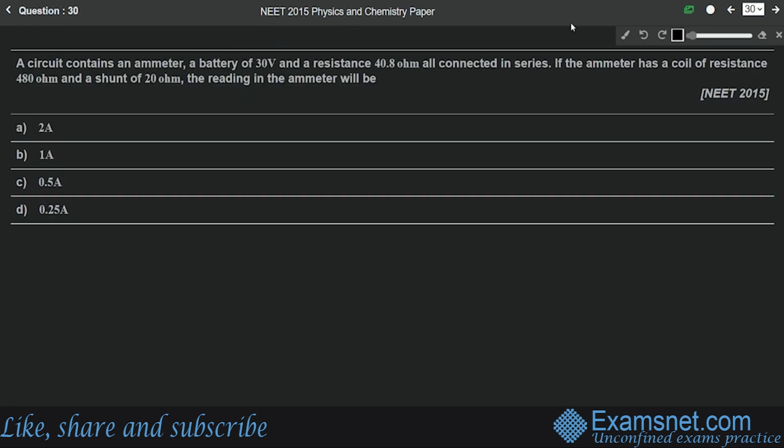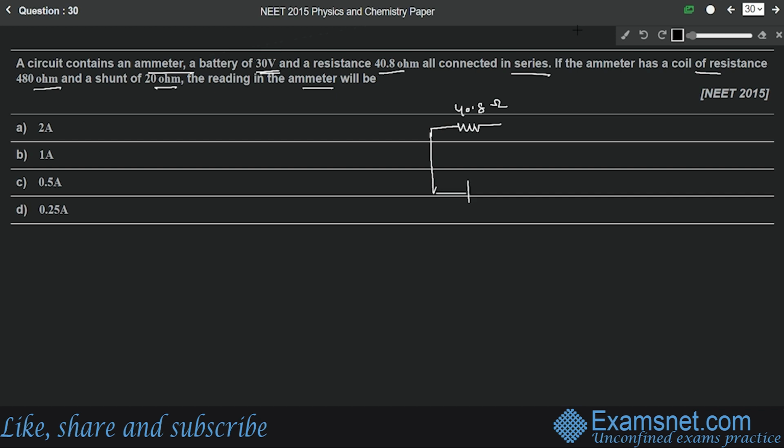Now question number 30 says: a circuit contains an ammeter, a battery of 30 volt and a resistance of 40.8 ohm, all connected in series. If the ammeter has a coil of resistance 480 ohm and a shunt of 20 ohm, then the reading in the ammeter will be. So let's draw the circuit diagram first. We have a resistance of 40.8 ohm.